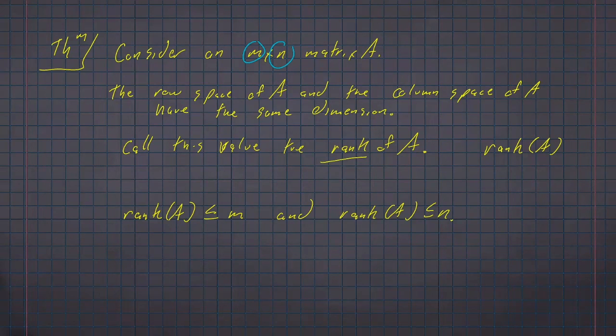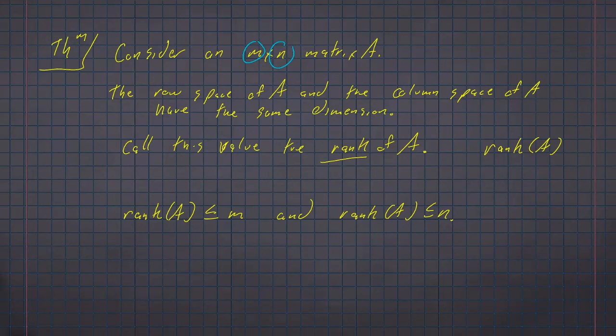And again, that should make sense. If there are M rows in a matrix, then best case scenario, the row space has dimension M. There are M vectors, some of which might be linearly dependent on the others. So the dimension of the row space is M or lower.